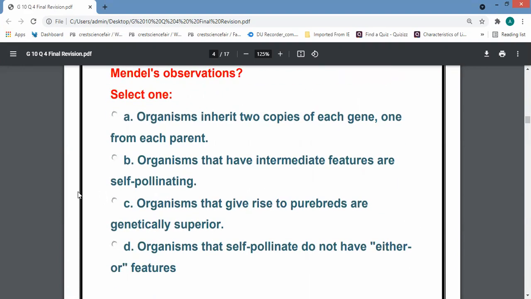What is the right answer? A. Excellent. Mendel said that the organism inherited the trait from the parents by 2 factors, and in recent science, the factors mean chromosomes. Each trait is inherited by a pair of chromosomes, each one inherited from each parent. Excellent.